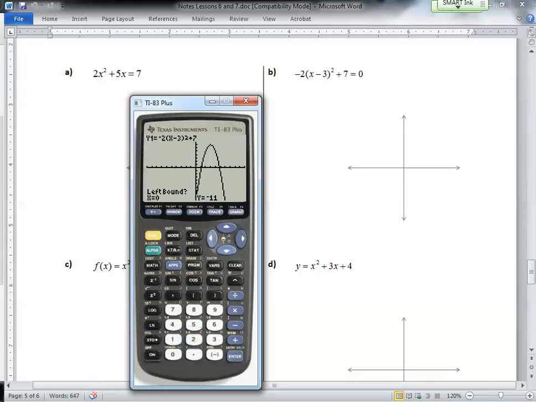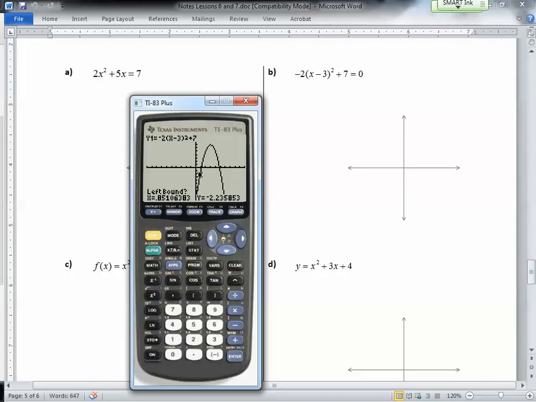Yep. On your bottom left corner, does it say left bound? Yep. Okay, so what happens if you hit left or right? Do you see your cursor? No, I can't. Okay, so keep hitting right, and see if you see your cursor. Got it. Oh, I see it. Okay, so you were just off of the screen. Now we need to be left bound of my first 0, which I'll just use right there.